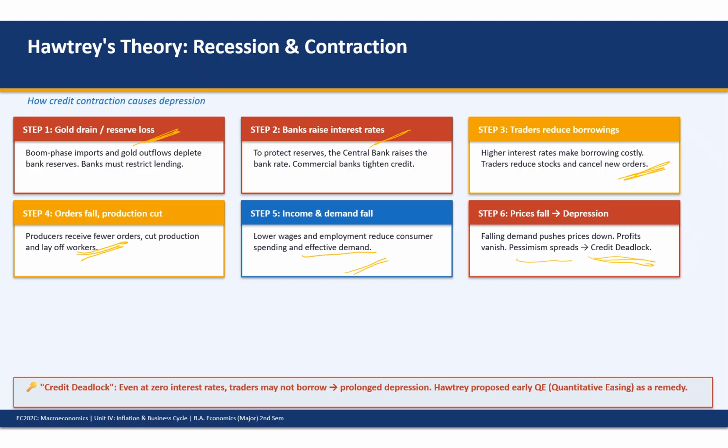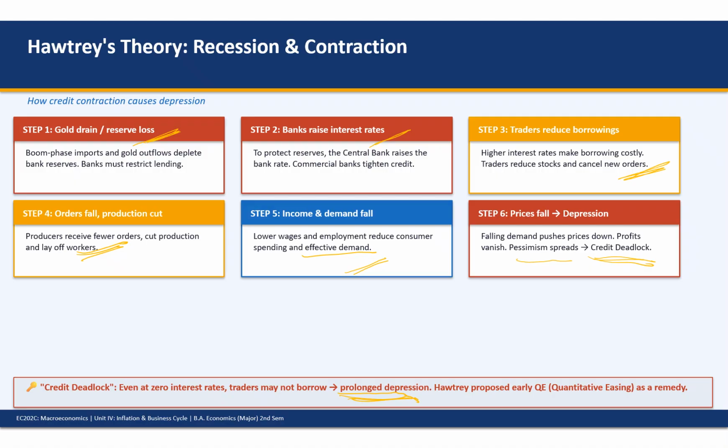So, at the severe stage of depression, Hawtrey used the term credit deadlock. This means that even if the interest rate becomes zero or very low, traders still may not borrow because the confidence is too weak. He believed that this is the point where the economy can remain stuck in prolonged depression.